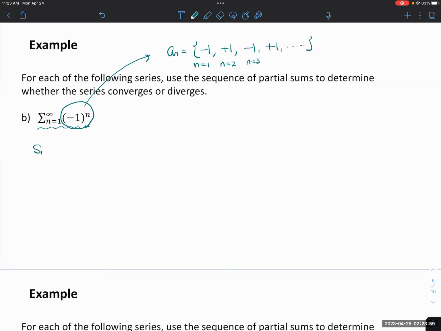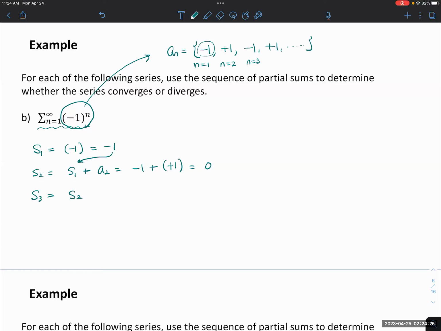So S1, you're adding the first term, just -1. S2 is S1 plus the second term. S1 is right there, -1, plus the second number, +1. So they're going to be 0.